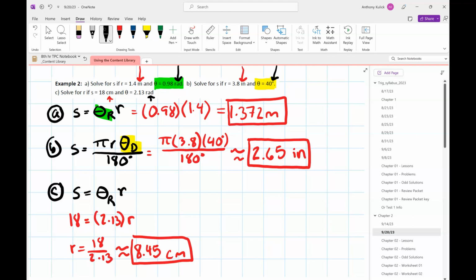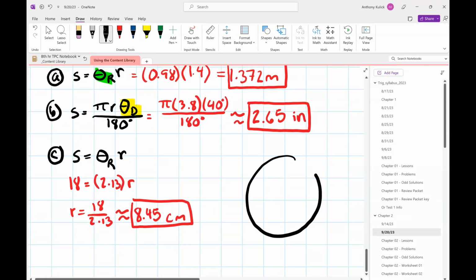Right? What you're talking about here is you have a picture, where that's R, that's theta, and that's S. Does that help to remind us what these letters stand for? Pictures I like. I'm a pictures guy.